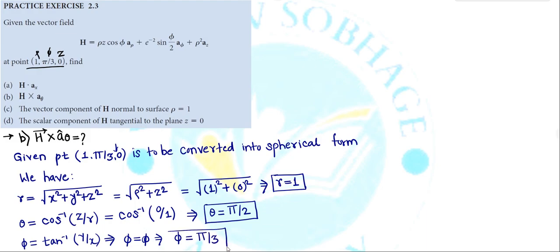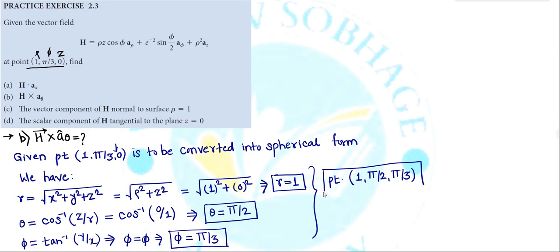Okay, so this is what we have for r, theta and phi. So the point which was earlier in cylindrical form is expressed in spherical form as r, which is 1, theta, which is pi by 2, and phi, which is pi by 3.